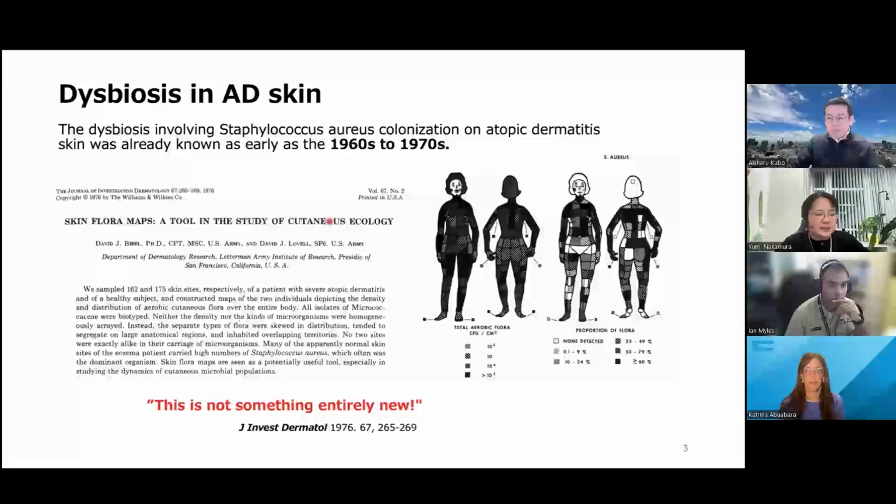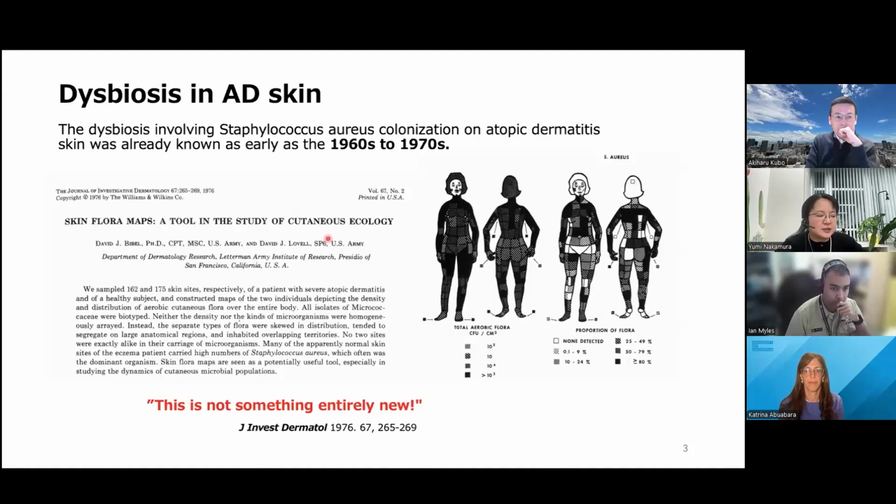Recently, there has been growing interest in the skin microbiome and its role in various skin diseases. However, the phenomenon of dysbiosis, where the skin microbiome in atopic dermatitis differs from that of healthy skin, has been known since as early as the 1960s and 1970s. This paper, published in JID in 1976, investigated skin bacteria in atopic dermatitis and healthy individuals using a culture-based method.